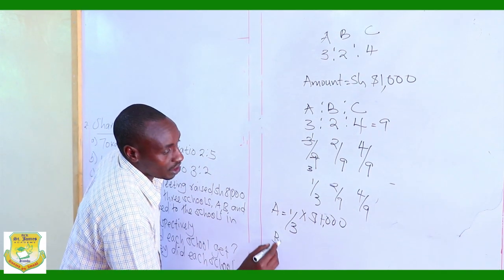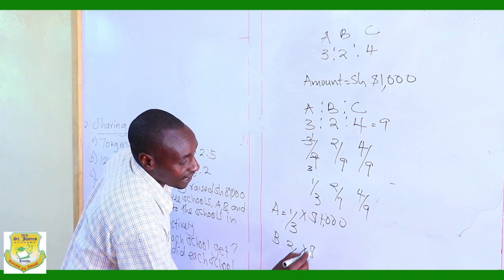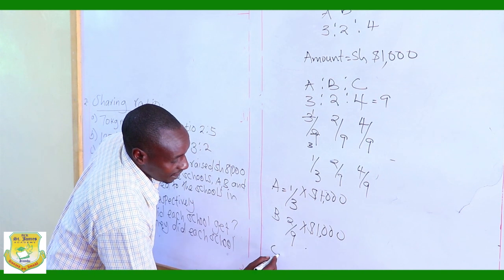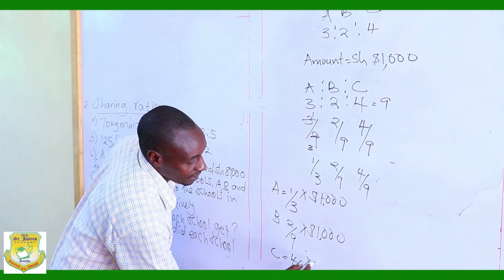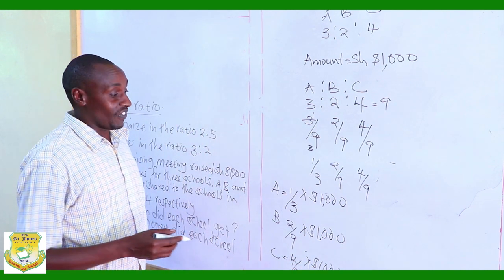B got 2/9 of the total amount times 81,000. And C got 4/9 times 81,000.